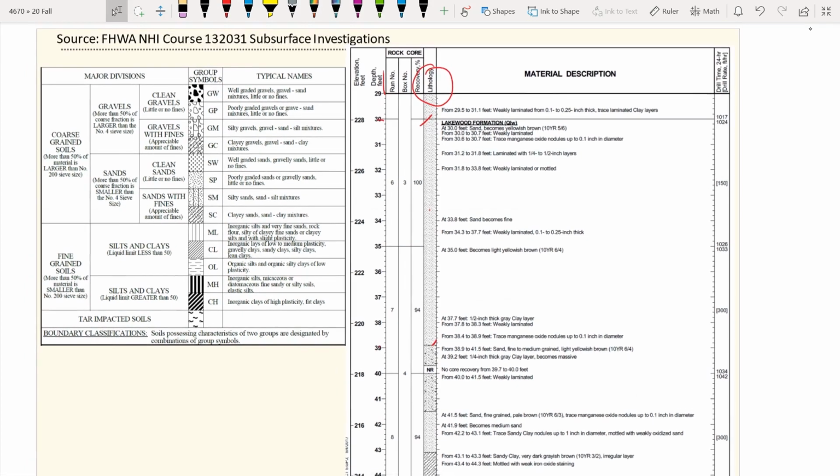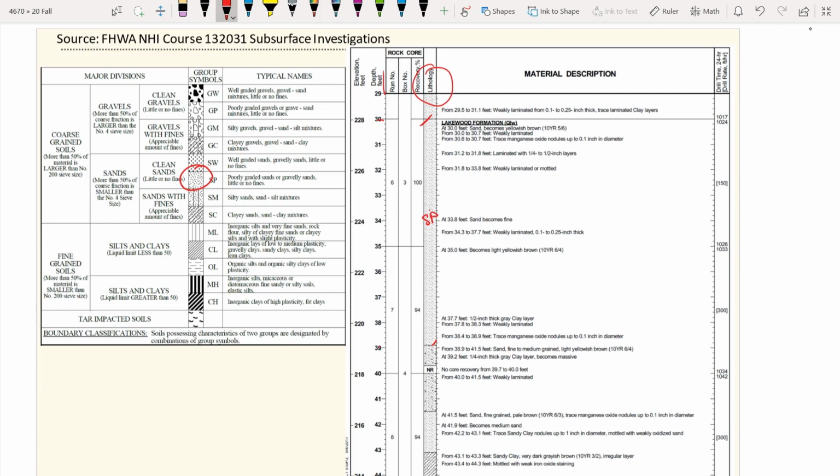Each boring log may come with a legend, so it highly depends on the project you're working on. For this particular boring log, the coloring or symbol here means SP material, so this is a sand type of material.